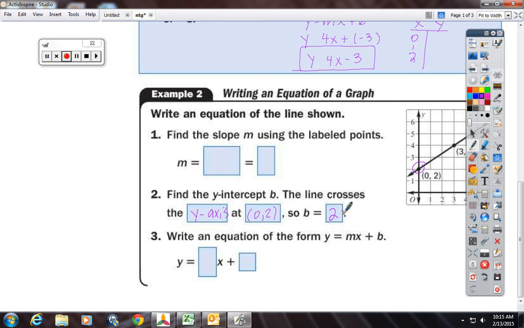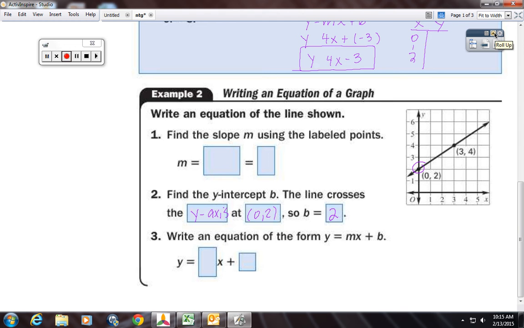So we're halfway done with writing the equation. Now, in order to find the slope, and again, this is going back to previous lessons, it's called rise over run. Rise, or the change in y, over run, the change in x.